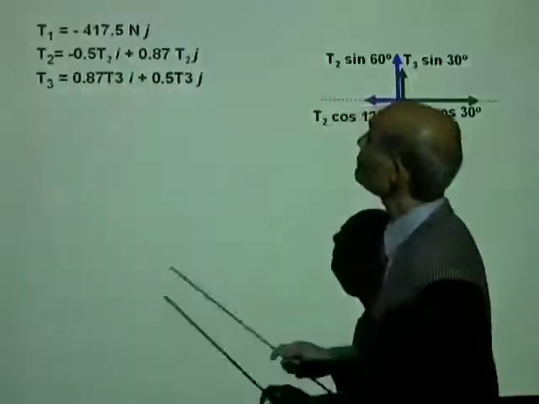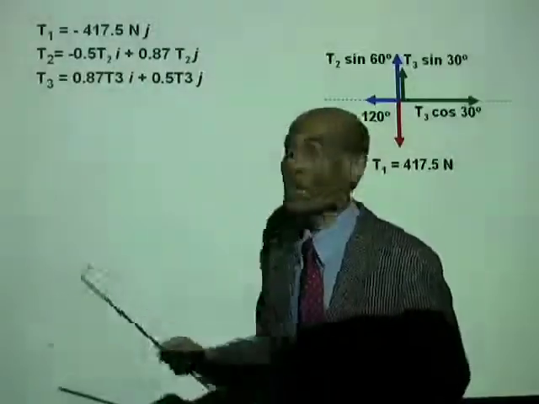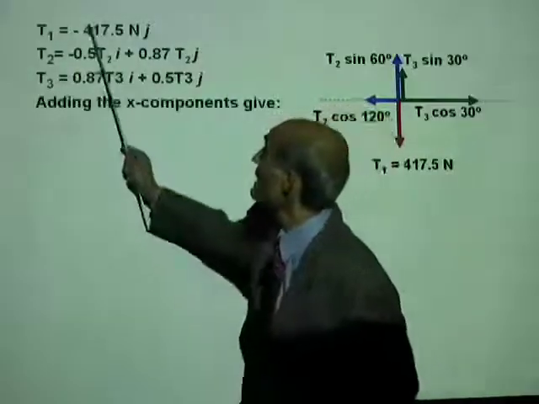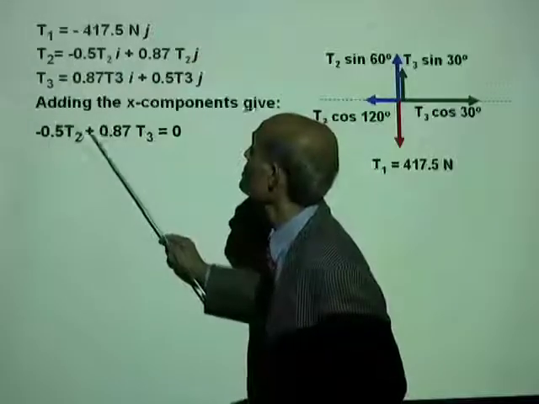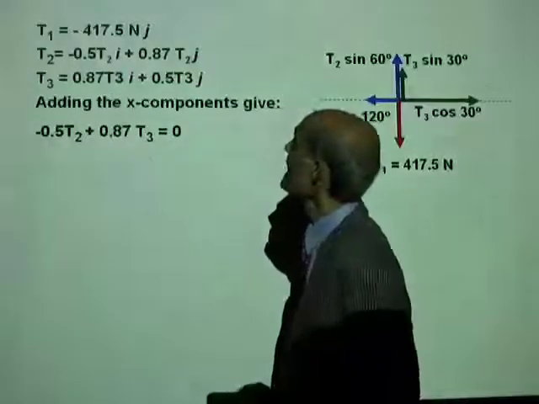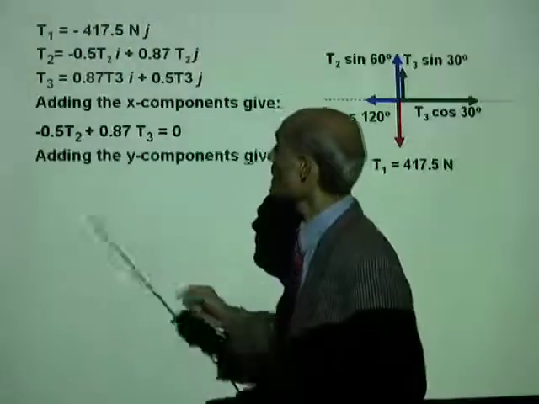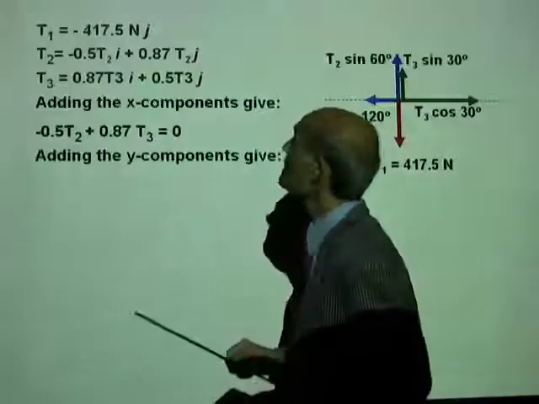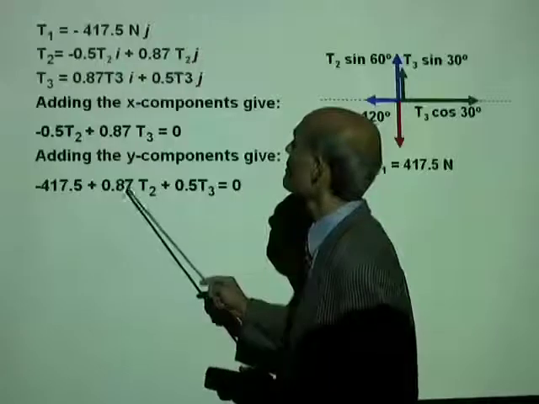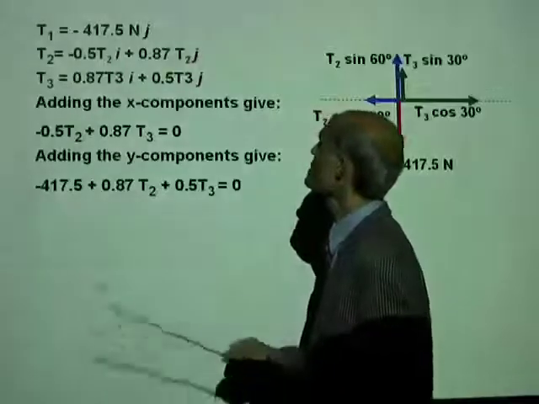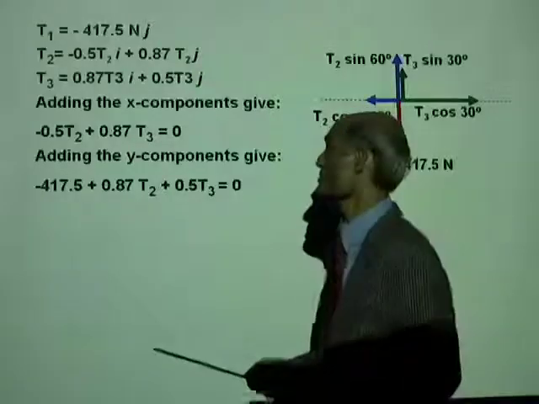So let's make those equations. These are the equations we had earlier. Adding the x components gives negative 0.5 T2 plus 0.87 T3 equal to 0. Adding the y components gives negative 417.5 plus 0.87 T2 plus 0.5 T3 equal to 0.